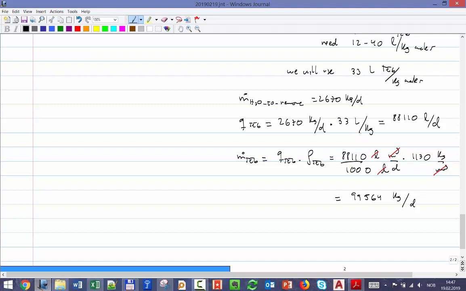Now finally, how do I get molar flow? Divide by the molecular weight. So N of TEG that I have to inject, which is equal to L, will be M of TEG divided by the molecular weight, 99,564 divided by 150.